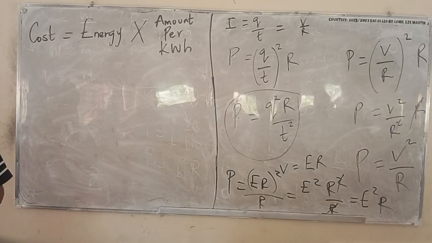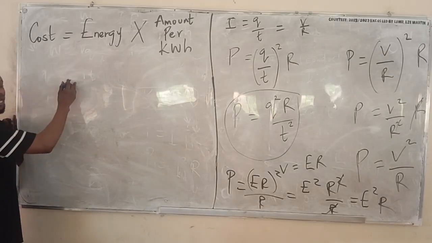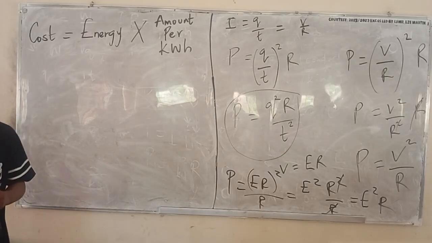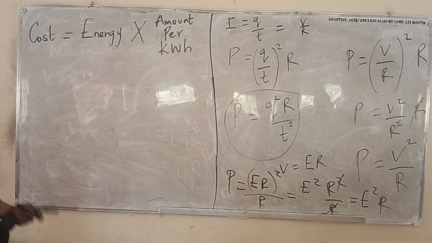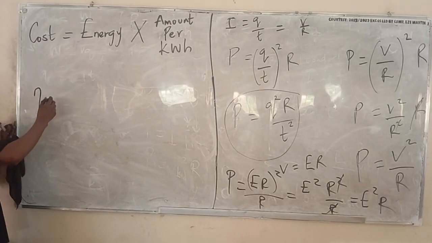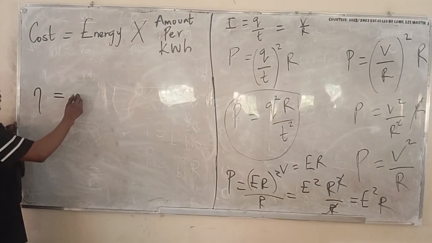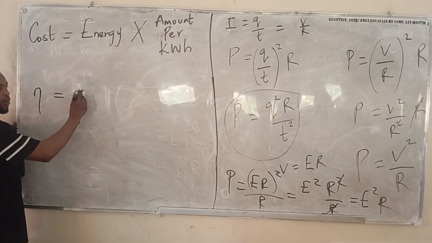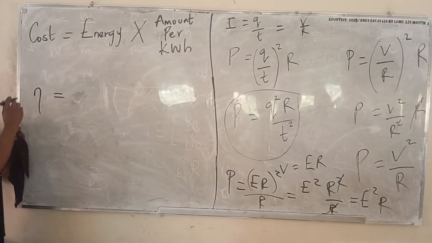Now for efficiency, they can tell you that energy was used at a particular percentage, maybe 80%, 50%, or whatever percent. They are not telling you to find how much was used. So in that case, the how much used is going to be simply equal to the decimal of the percentage used.